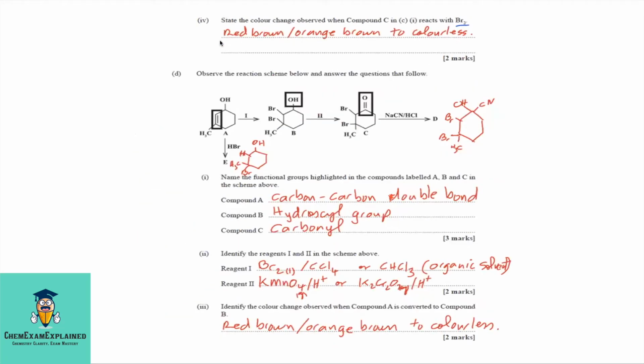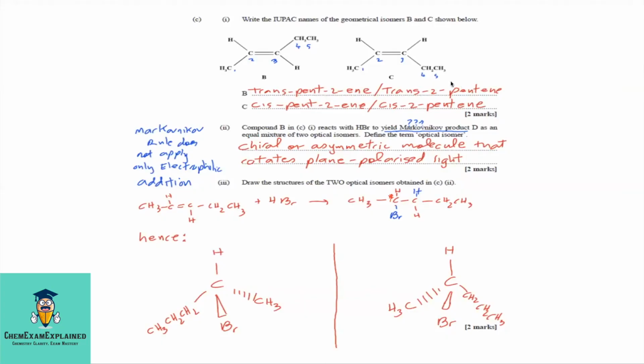Part 4, state the color change observed when compound C in C1 reacts with bromine. Now let's take a look back at compound C in C part 1. You notice that this is a carbon-carbon double bond. So if you're going to react Br2 with it, then you expect that Br would be added across the carbon-carbon double bond.